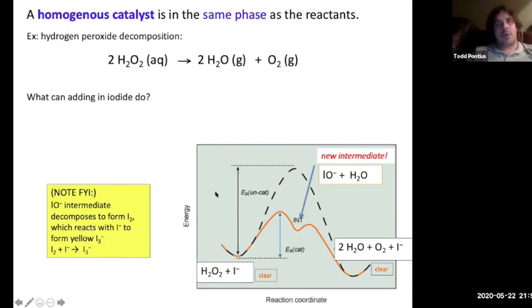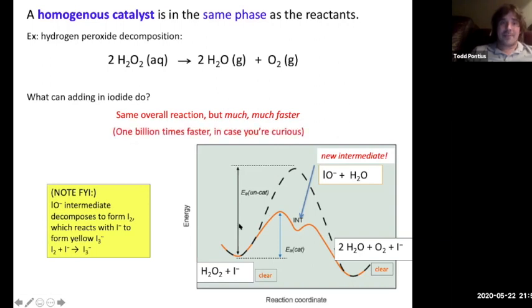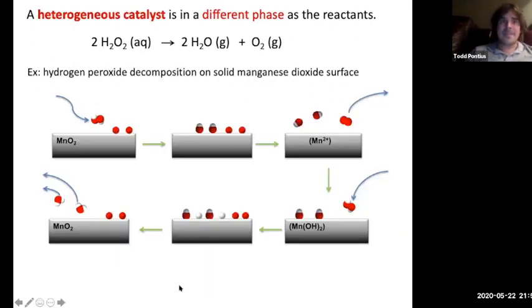But the key point right now is we pour in something, in this case a homogeneous catalyst, it's the same phase as the reactants. It gives us a different pathway to proceed, lower activation energy, faster reaction. It's much, much, much faster. And in case you're wondering, actually it's about 1 billion times faster. Yikes, that's faster.